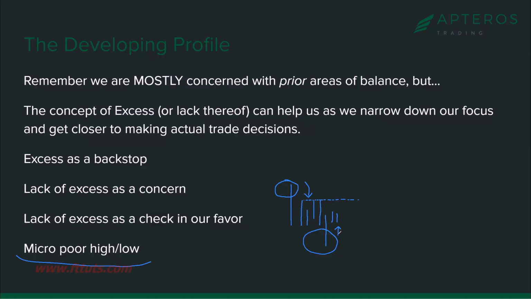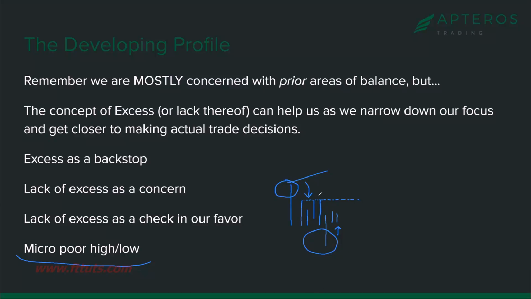You can see what's called a ledge, where there's B, D, E all stacked together. But really the best way to see it is to expand the profile like I've done here and look at them each in their own column so that it's very easy to see where there's a micro poor high or low. You can use that as a mini poor high. There was a lack of excess on those retests into those highs, even though it's not the ultimate high.